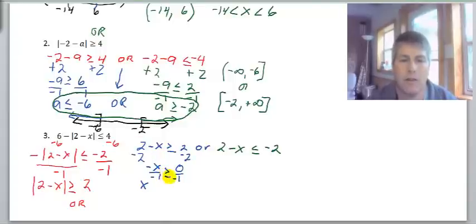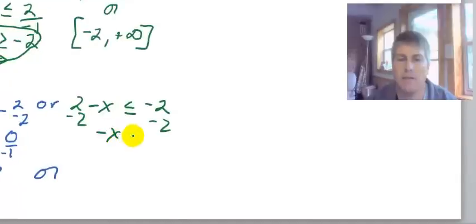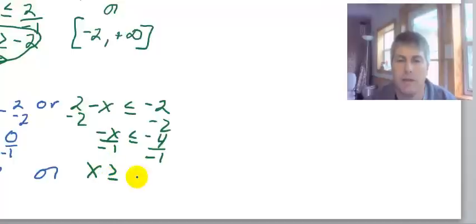Negative x is less than or equal to 0, divide by negative 1, x is greater than or equal to 0. Then or, subtract 2 from both sides. The opposite of x is less than or equal to negative 4. Divide by negative 1. Flip the inequality, and we get x is greater than or equal to 4.